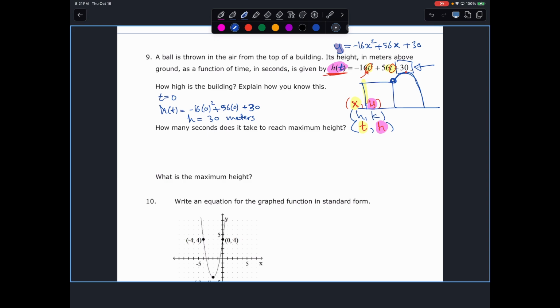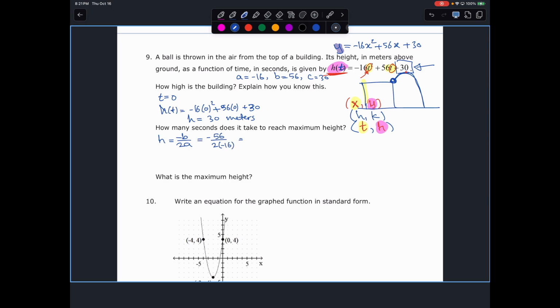Now we worry about the time. So how do we find h? We know that h is negative b over 2a. What is a in this equation? a is negative 16. What is b? 56. What is c? 30. Okay, so we're going to plug in the numbers. It's going to be negative 56 over 2 times negative 16, which gives me a positive number.